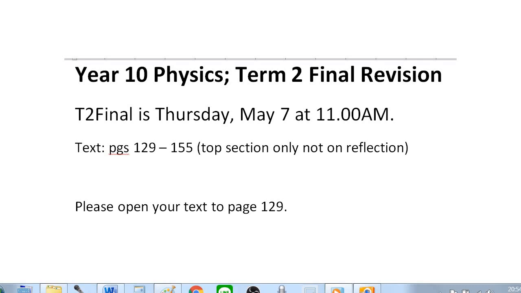If we look at this, F is equal to 1 over T, and we substitute 1 over T into our equation on page 154, V is equal to F times lambda, or velocity is equal to frequency times wavelength. Instead of saying frequency, I'm going to say 1 over T. So I have velocity is equal to 1 over time times wavelength.